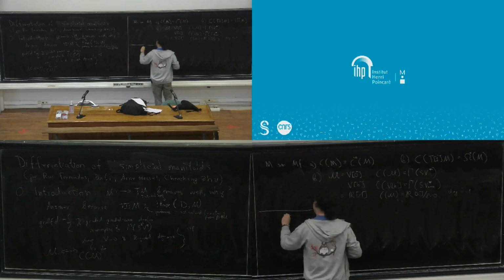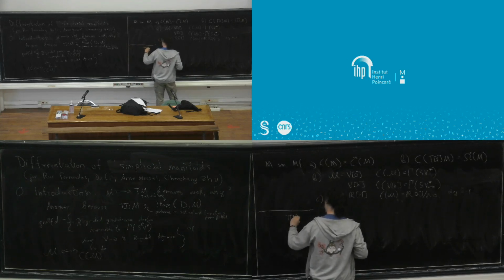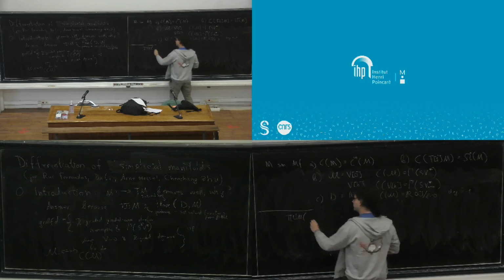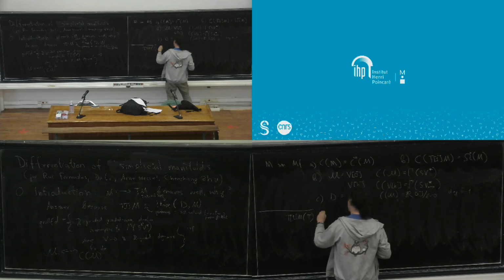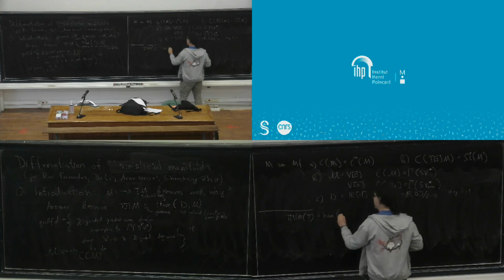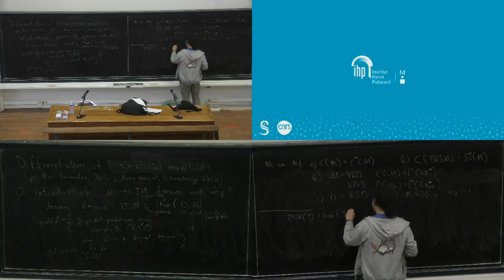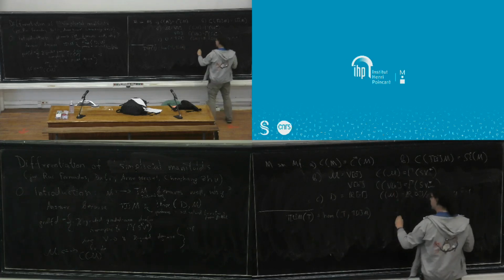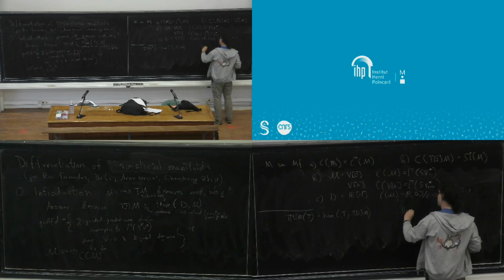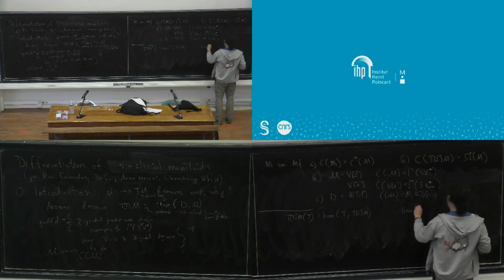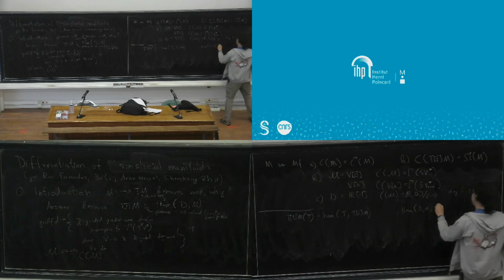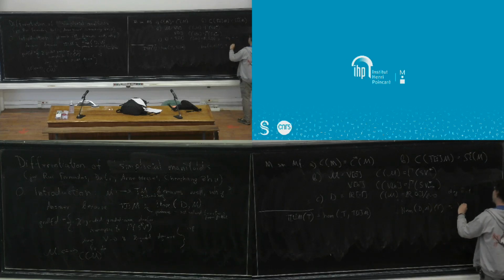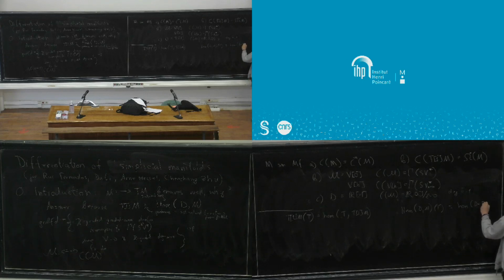So T1M applied to some graded manifold will just be the graded manifold homomorphisms from T to T1M, which is defined here, and Hom dm of some test object is the homomorphisms from D times T to M.